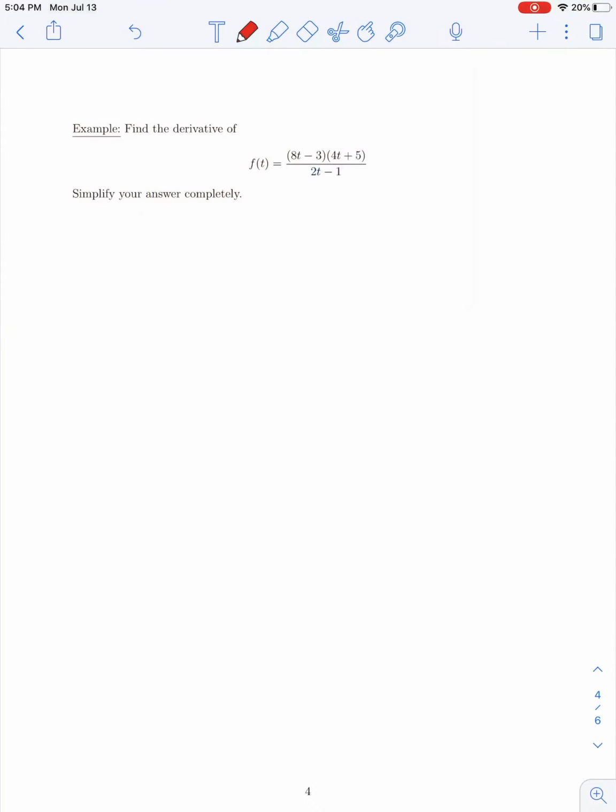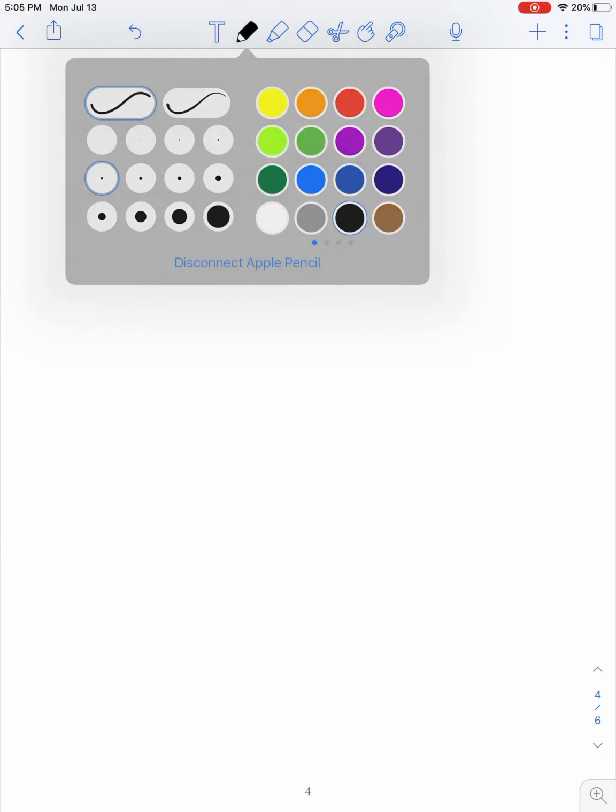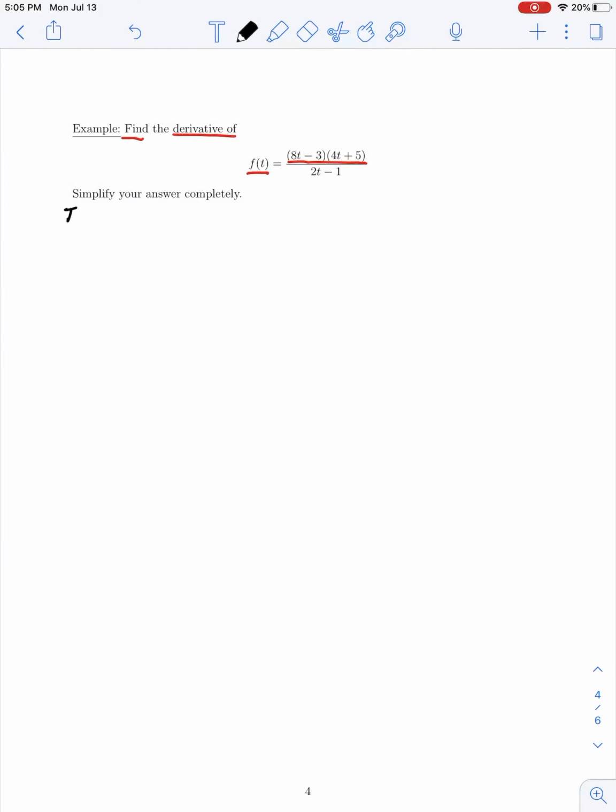So in this next one, we are asked to find the derivative of the function f of t, which is a quotient of two polynomials, where our numerator is a product of two functions, and simplify our answer completely. So here, in order to differentiate this function, well, we see f of t is a quotient of two terms. So we'll start by using the quotient rule.